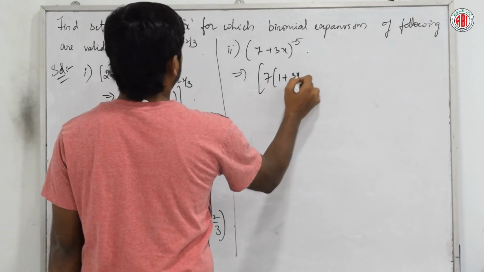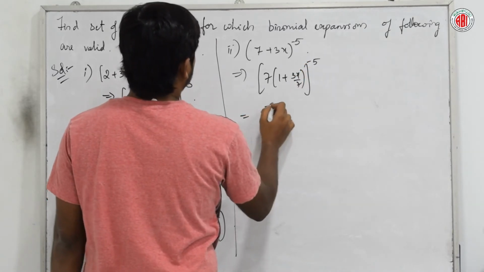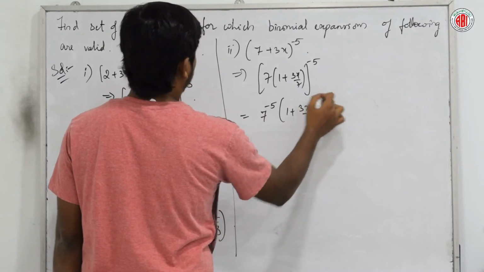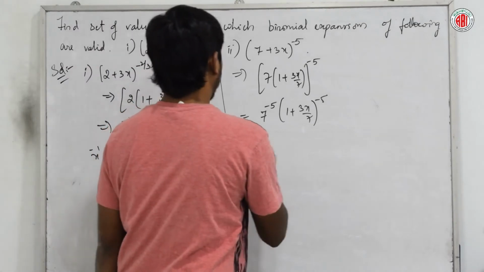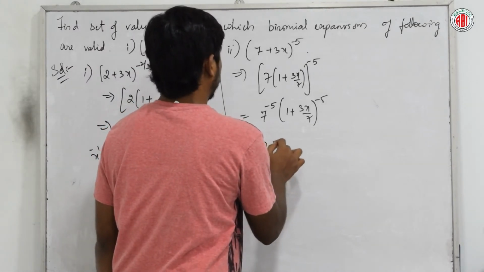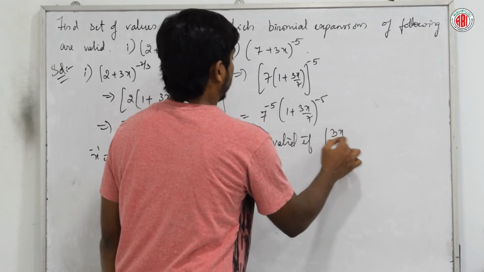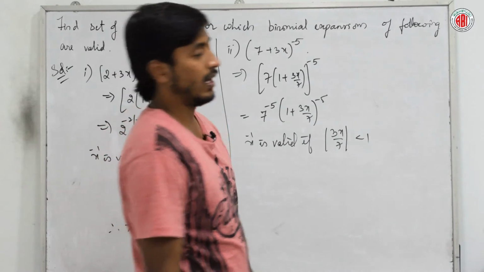This will be 7 power minus 5 into 1 plus 3x by 7 whole power minus 5. What is the term here? 3x by 7. Here the expansion is valid if mod 3x by 7 is less than 1. So what does this mean?